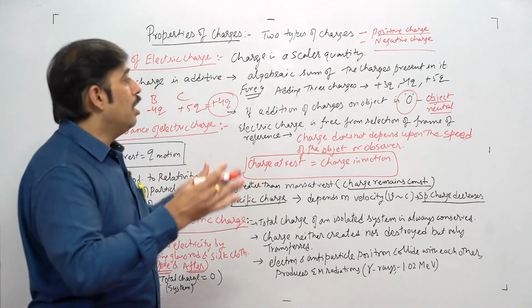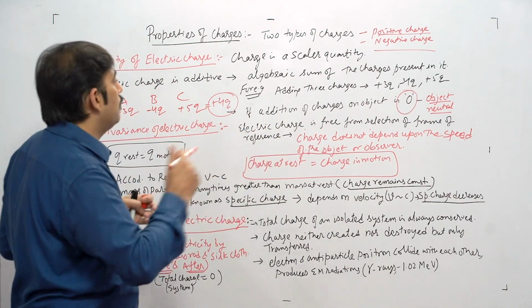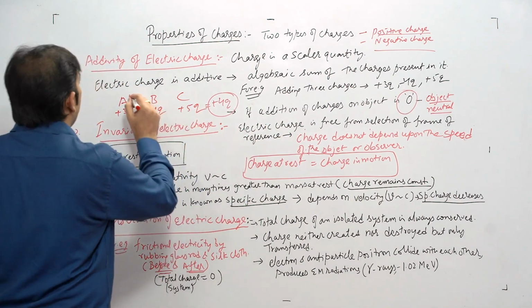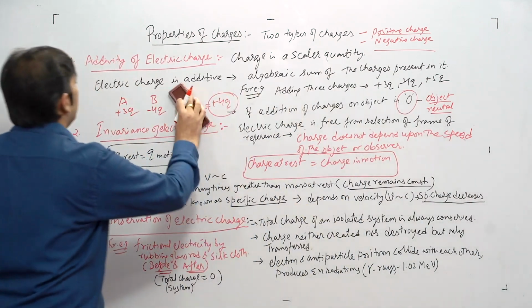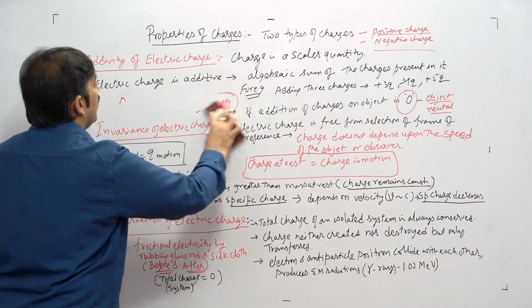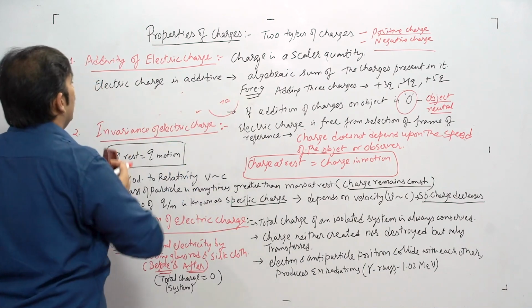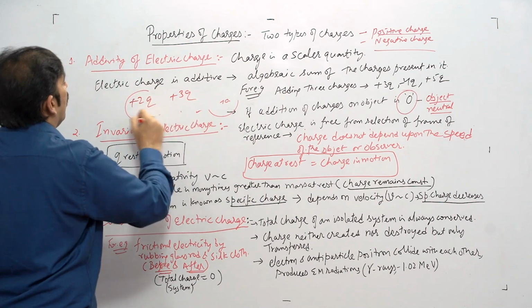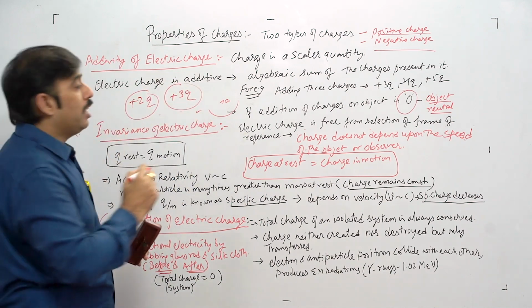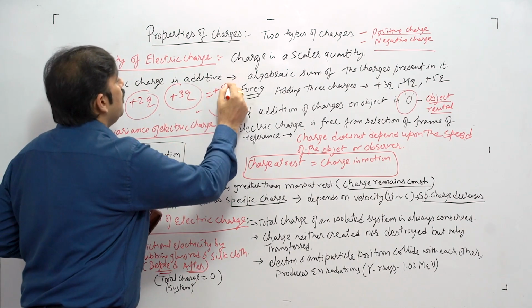Suppose we take an example: a body has two different charges, and there is no negative charge in the body. It has plus 2q charge and plus 3q charge. What will be the total sum of the charges? It will be plus 5q.